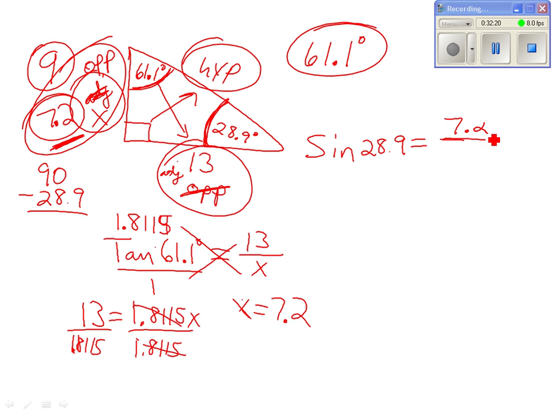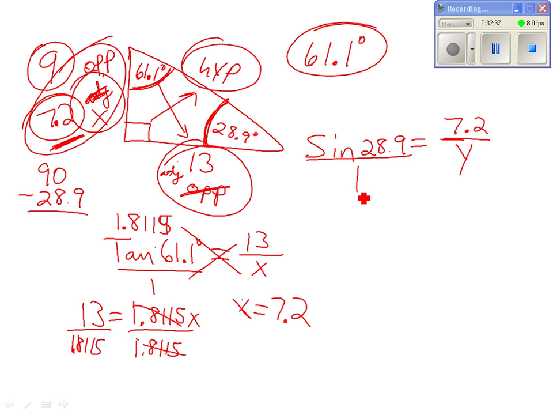Over y. Let's call it y this time, so I don't confuse anybody. As soon as I put x over there, everybody's going to think it's the same x. Put a 1 underneath this.